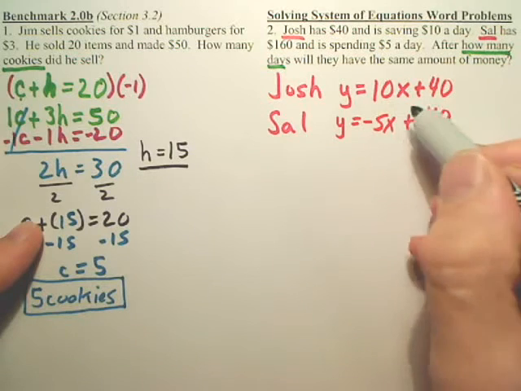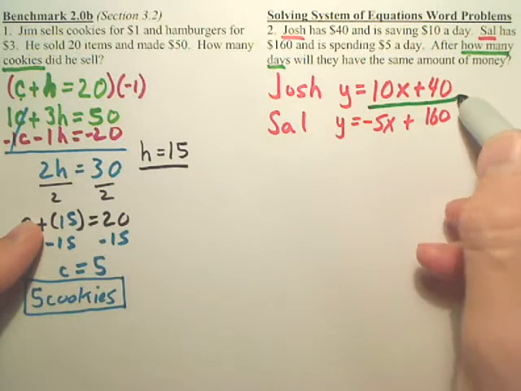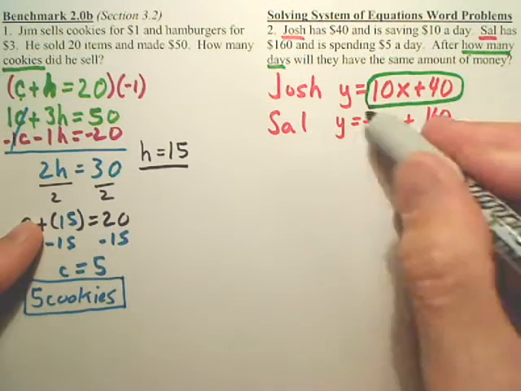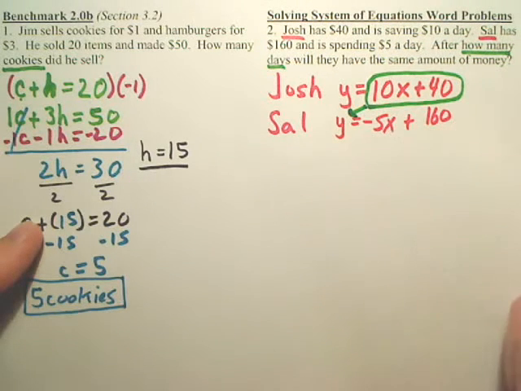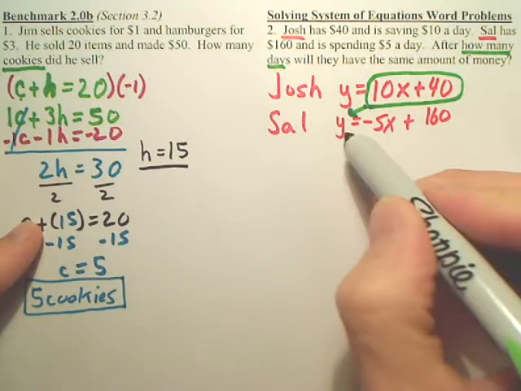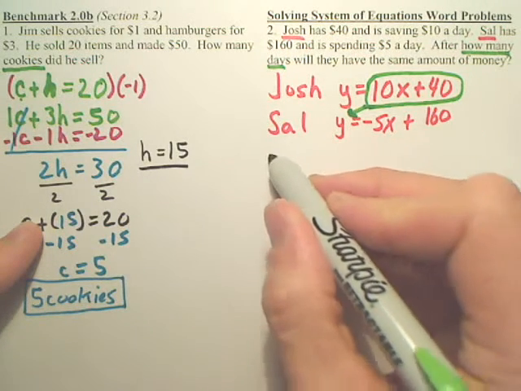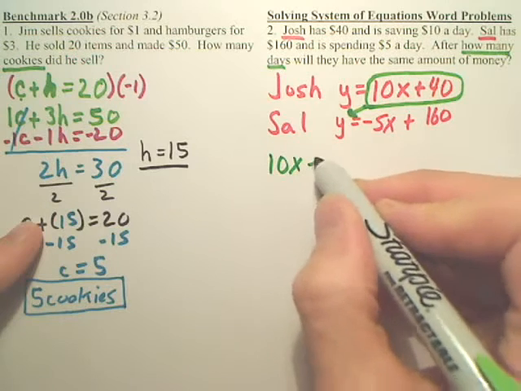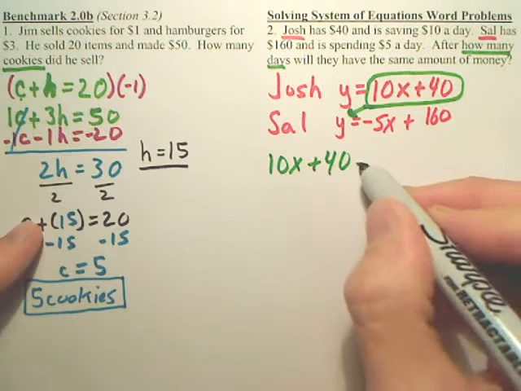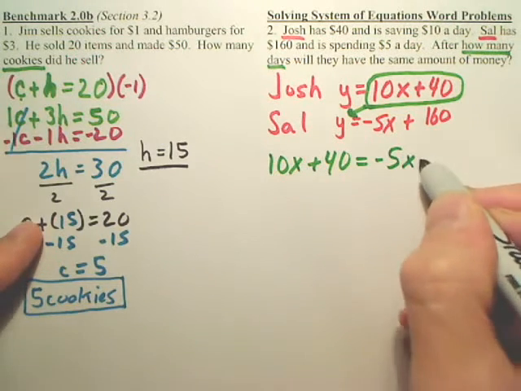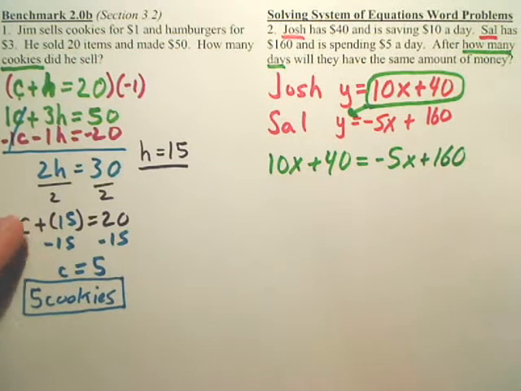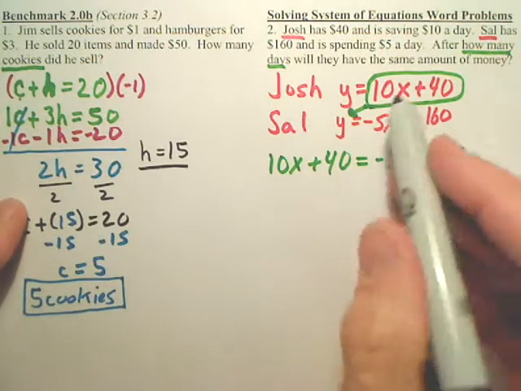Now, do you see a very good substitution problem, hopefully? You can take that and plug it right there. Because Y equals this, so you can plug it in for that Y, for Sal. So you take that, plug it in.